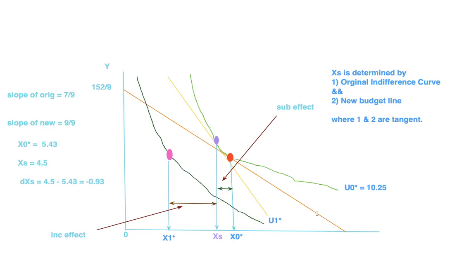Okay. So you can see the substitution and income effect as illustrated here. And I suppose I'll just make a few closing points, and the language is subtle.